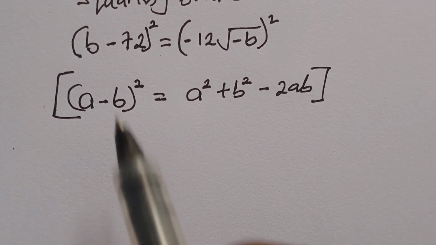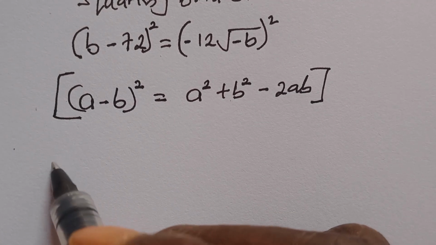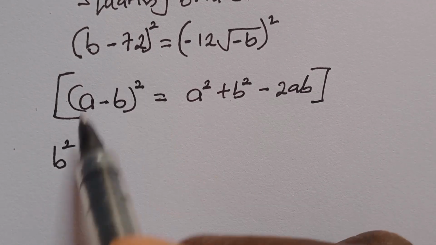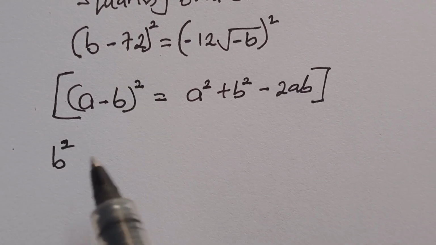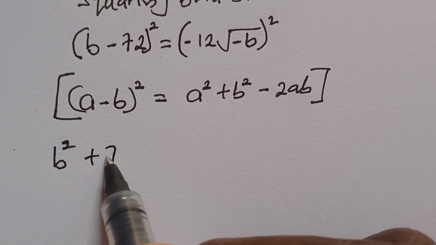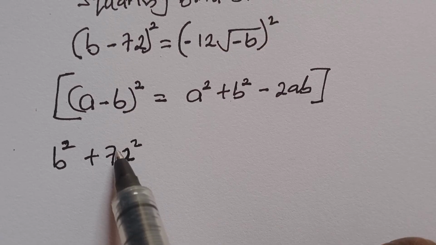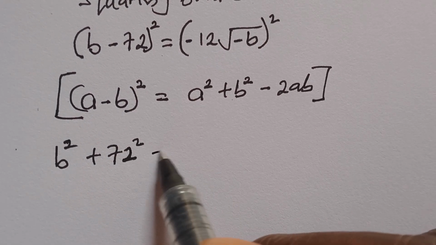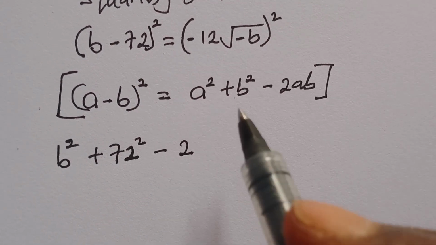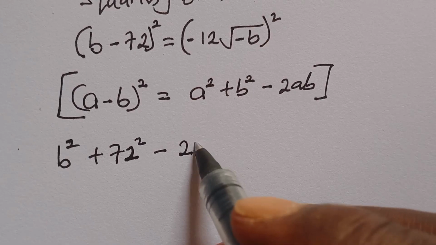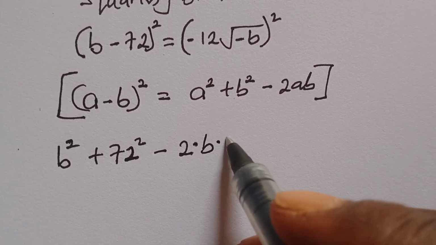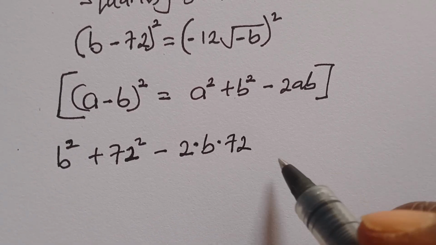We'll now have b squared plus 72 squared minus 2 times b times 72.